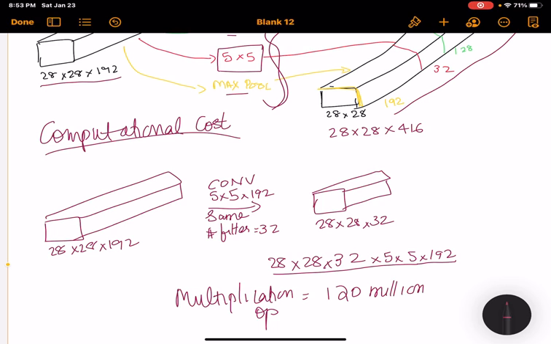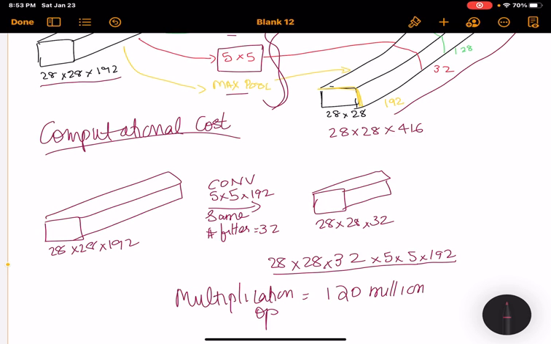So remember, we are not talking about the number of parameters here, but about the computational cost. And we determine computational cost by deciding how many arithmetic operations have to be performed during the computation. In our case, the main arithmetic operation we are interested in is multiplication.